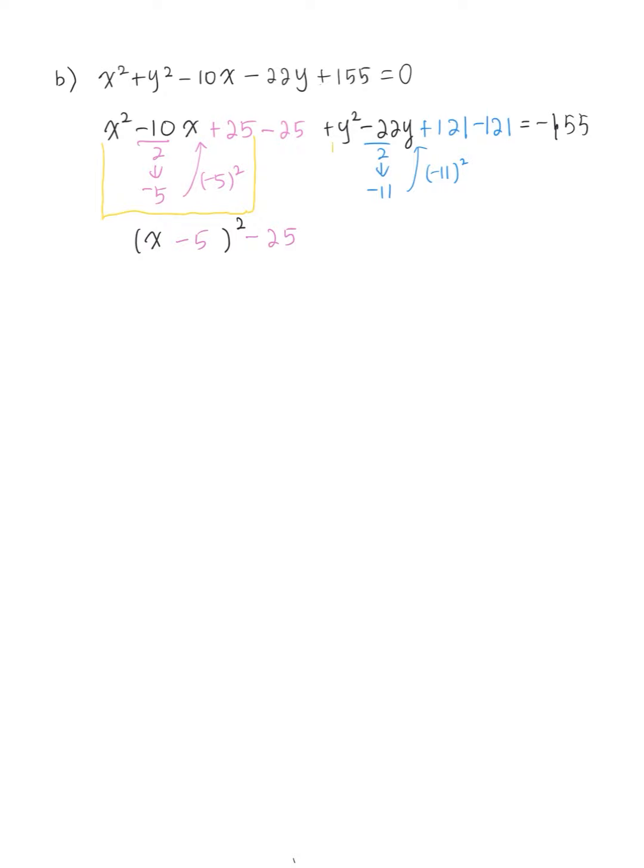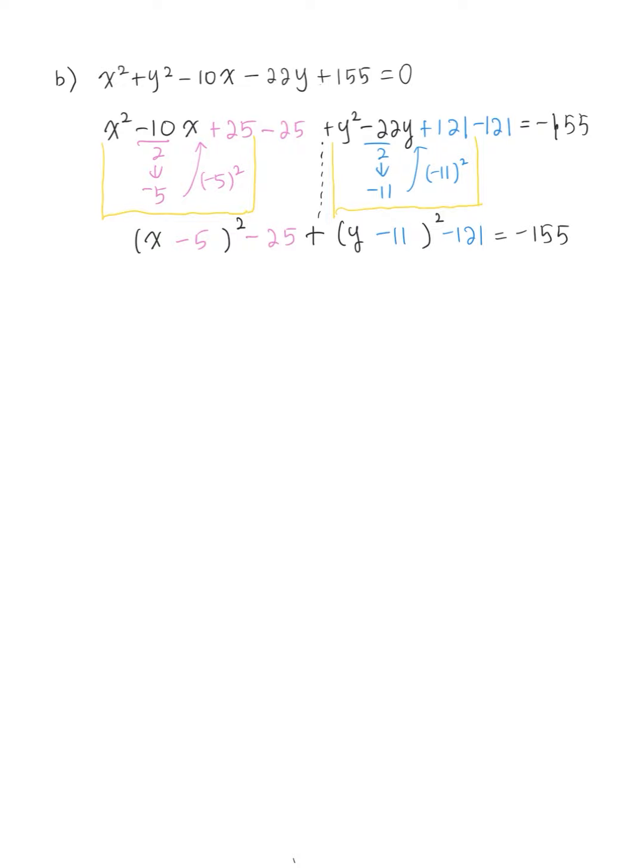The first 3 terms here are going to produce a perfect square. Oh, don't forget to drop this plus sign. And then here you're going to have (y something) whole quantity squared. Again, what goes in there is this number here. So here you're going to write minus 11. And then don't forget the minus 121. And that whole thing is going to equal negative 155.